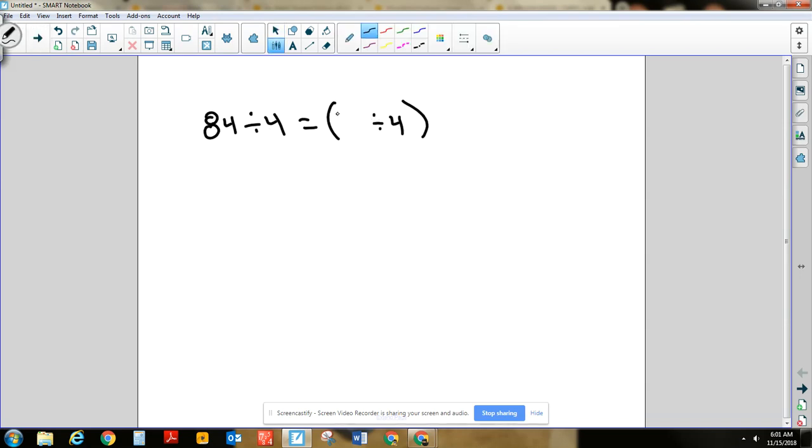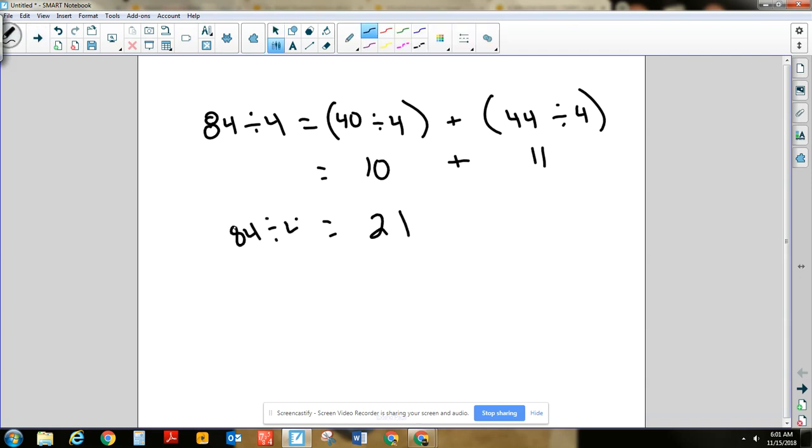I could break up the 84 as a 40, and what's left is 44, right? So 40 divided by 4 is 10, plus 44 divided by 4, that's 11. And I put the 10 and the 11 together, and I get 21. So 84 divided by 4 equals 21. There's 21 fours in 84.